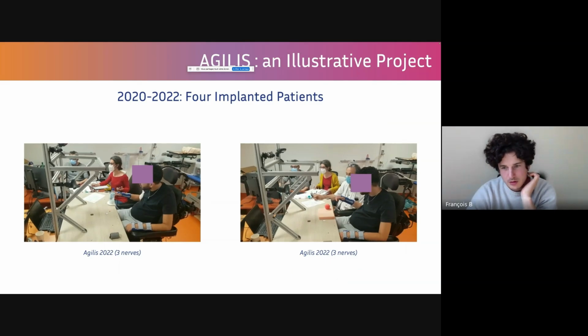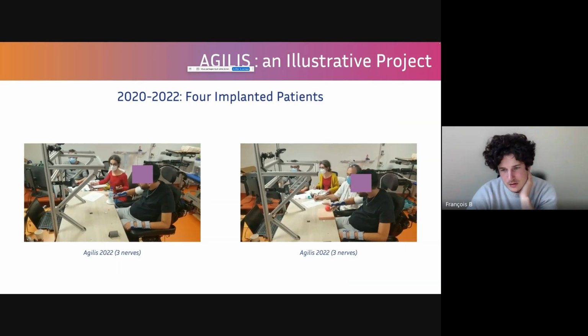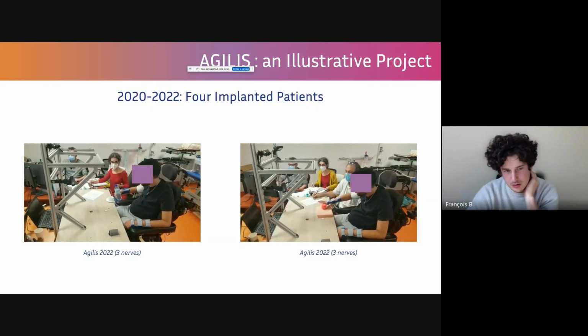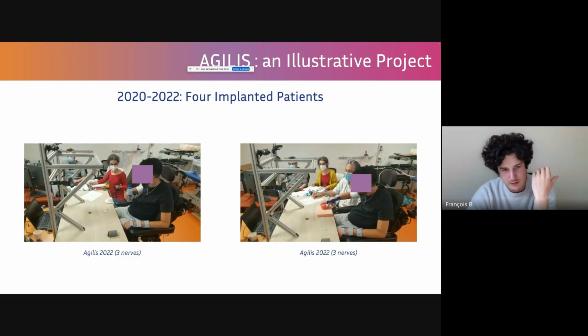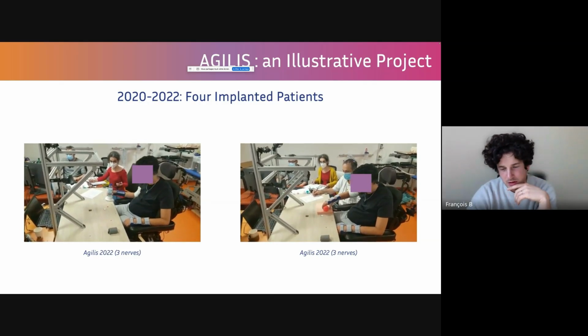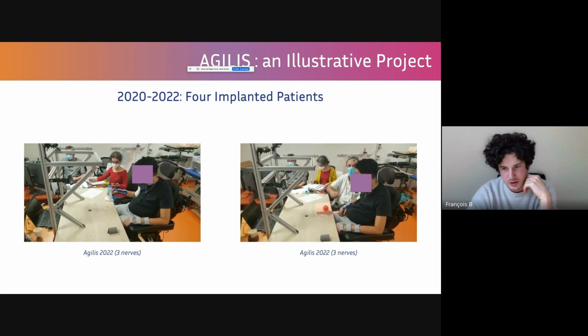Here are some results from this first clinical trial, where you can see a user grasping several objects thanks to the command of the implanted functional electrical stimulation.